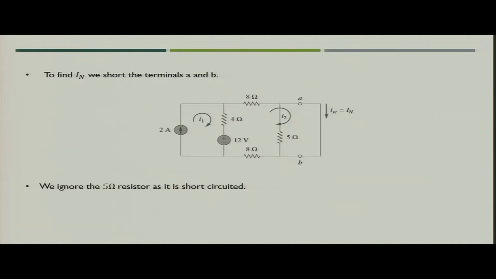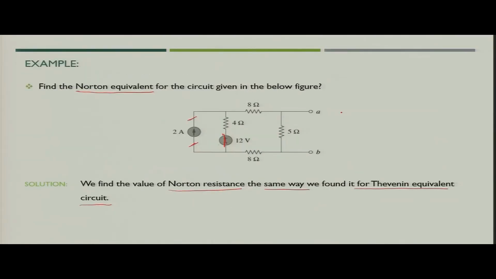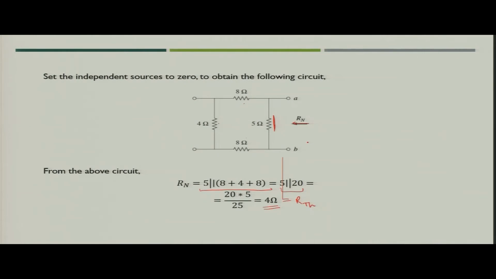Now, the next task would be to find out what? The short circuit current. So, what we have to do in that case? We have to first short circuit the terminal AB. So, we need to find out the short circuit current flowing through terminal AB, and that would be nothing but the Norton's current. Now, if you see the original circuit, we have just simply short circuited the terminal AB.